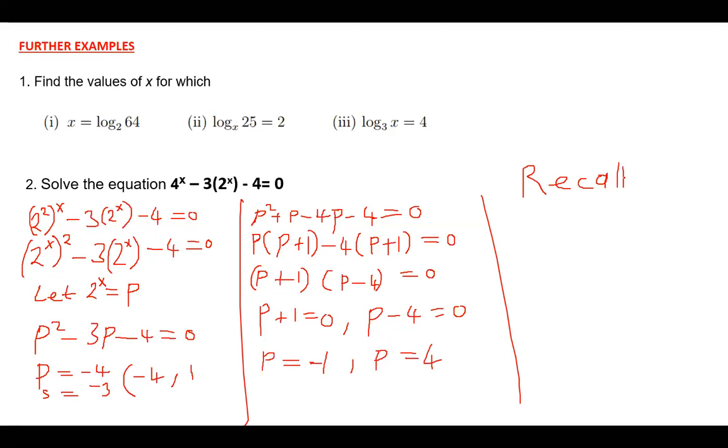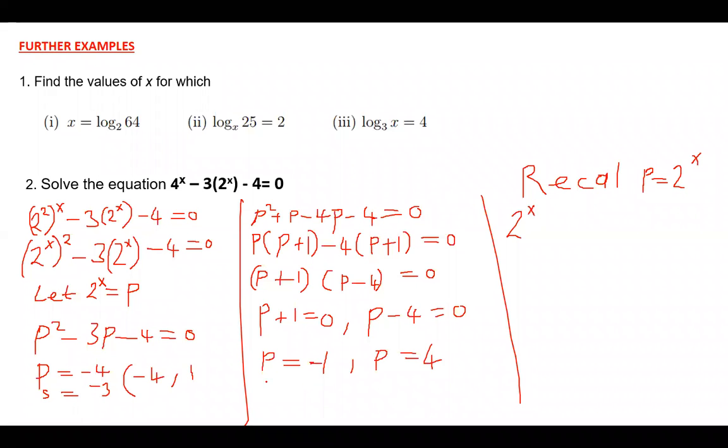Recall that p is equal to 2 to the power x. So where there's p, we put 2 to the power x.